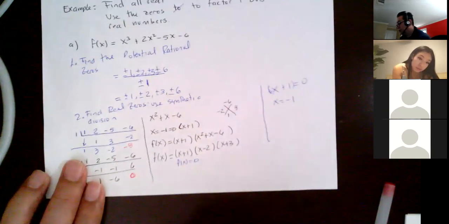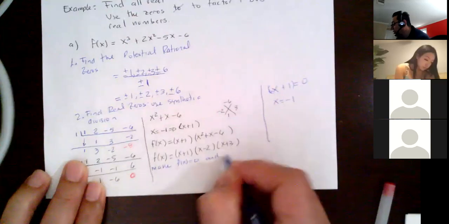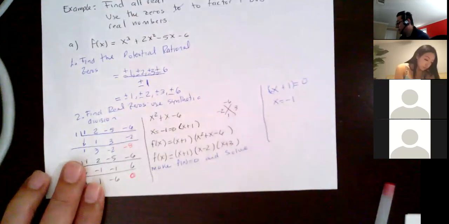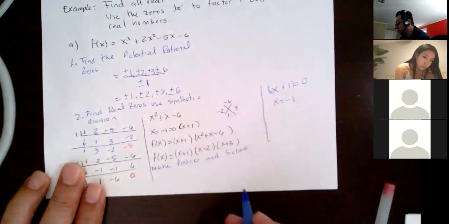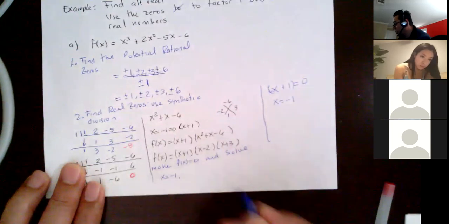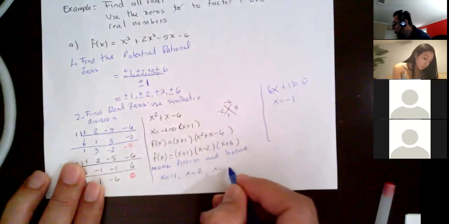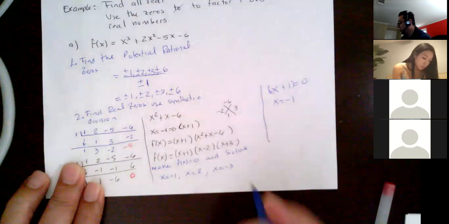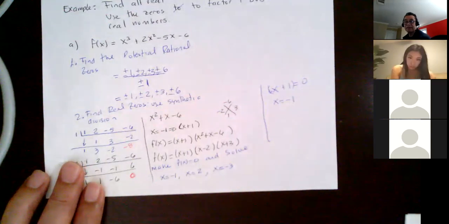If we make f of x equals to 0 and solve, what will be the solutions here? x equals -1, x equals 2, and x equals -3. Is that clear? Does it make sense what we did?